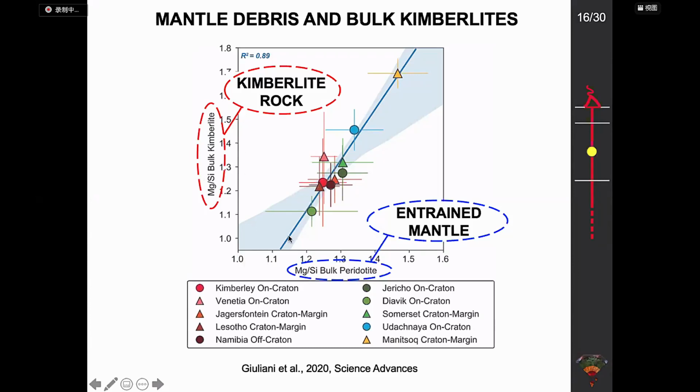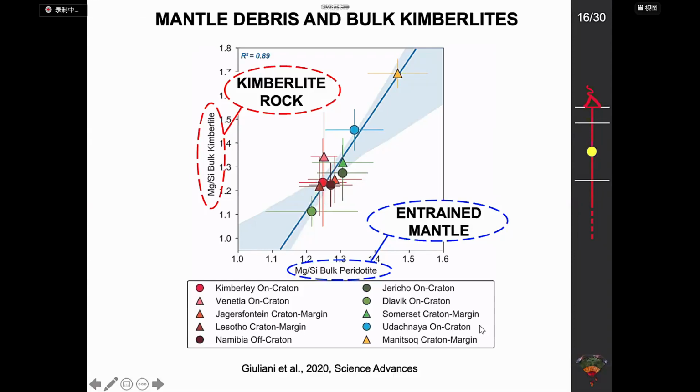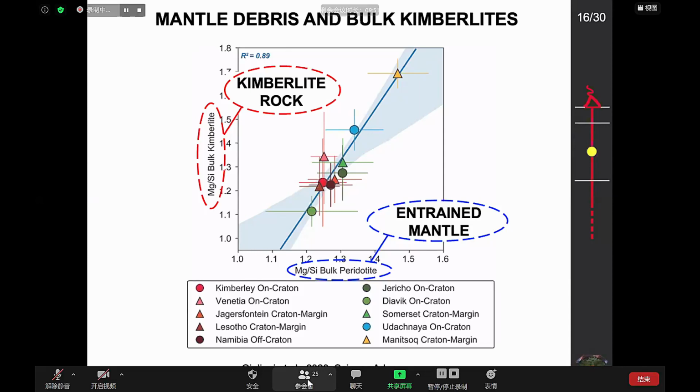As you can see from this chart, there is quite a neat direct correlation between these two parameters. And this, of course, implies that the composition of kimberlite rocks is at least in part a function of the composition of the entrained mantle material.